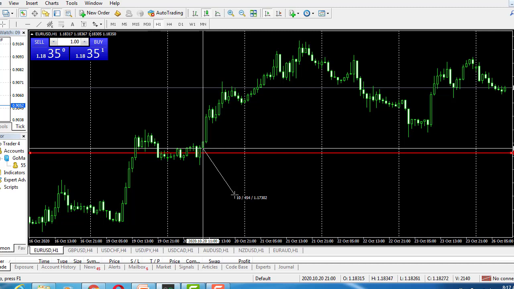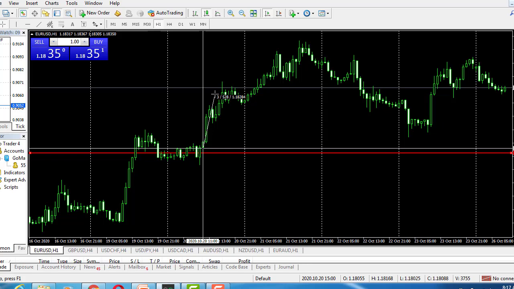Now, the reverse is the case. If you are looking at 50 pips for your profit target, it still means that you have 50 multiplied by 10. And if you change your lot size to maybe 0.09, then your profit calculation will be 50 multiplied by 10 multiplied by 0.09, which will give you $45.